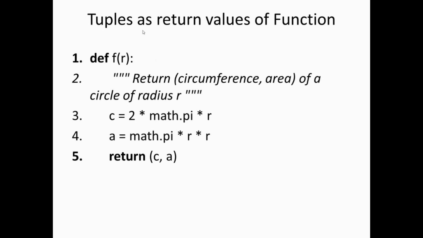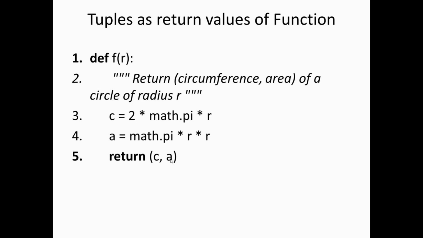Consider a function f, which takes an input r, that means the radius of a circle. You can calculate the circumference and area. We can return c and a both at a time. This is a unique feature of Python.